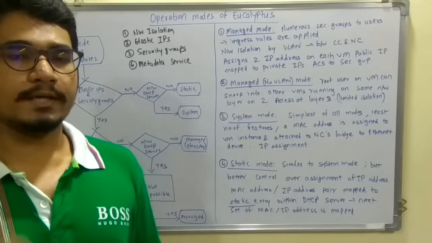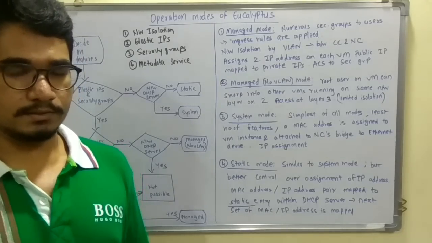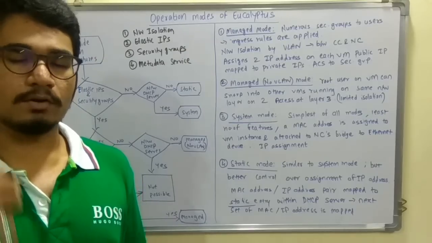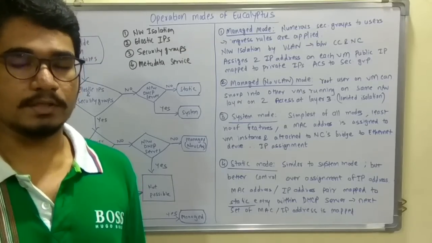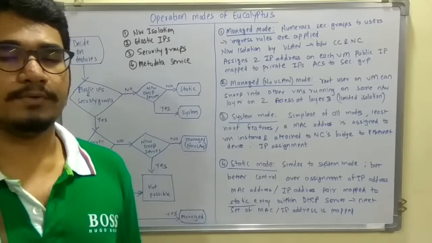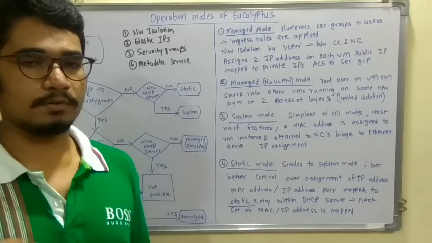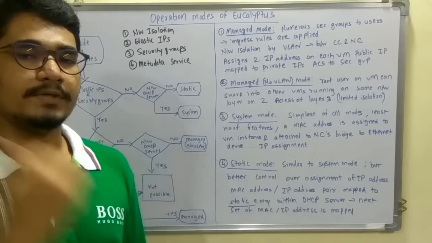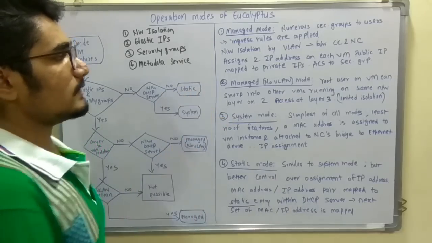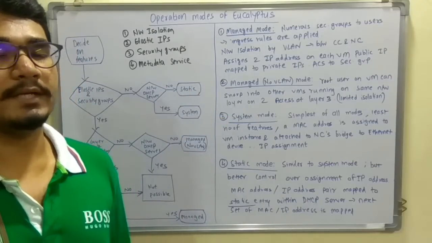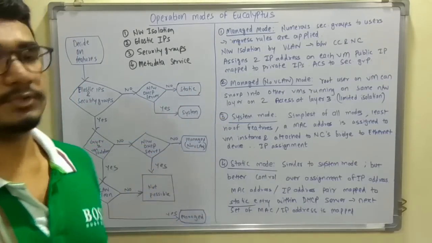So if any other physical resource is accessing that VLAN or the network, it should not conflict. In order to prevent that conflict, and to isolate it from seeing what other processes or VM systems are accessing it, it needs network isolation. That is mainly done by the managed mode.